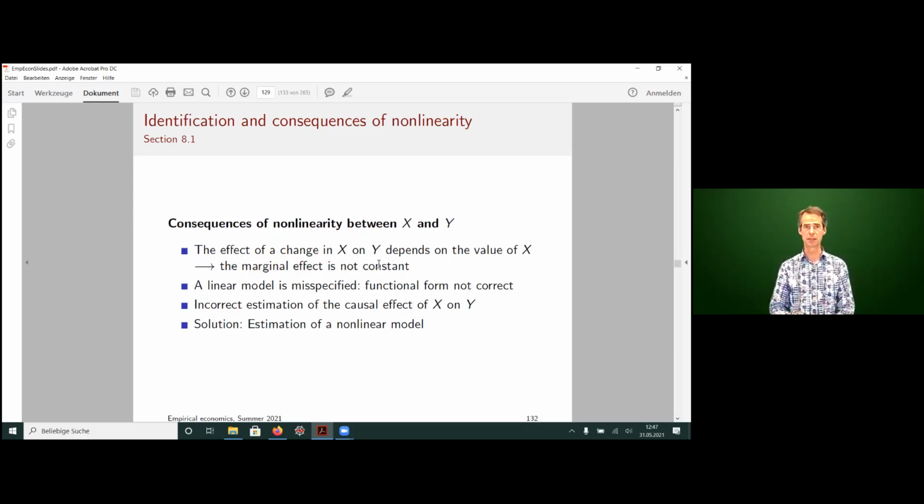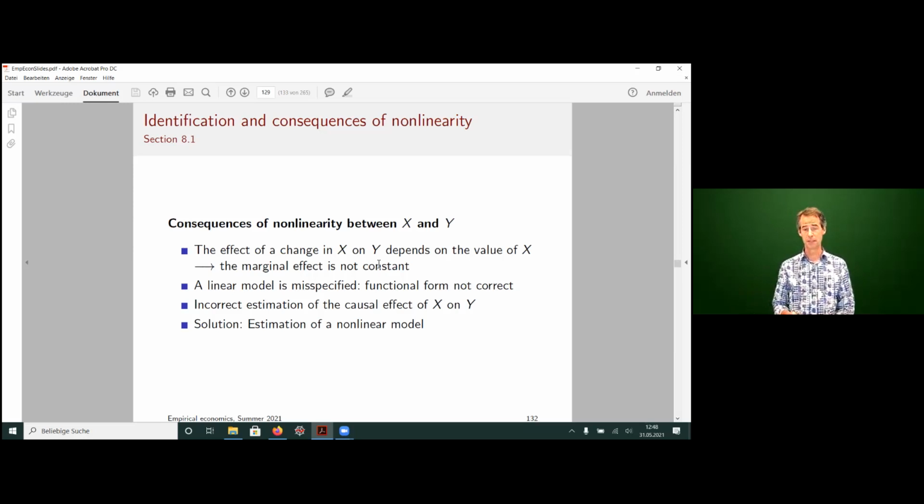So the marginal product of a certain input factor, say labor, depends on the endowment that the firm has in terms of labor and capital, and which other input factors you have. And that means that if you specify a linear model, as we did before, then the functional form is not correct. So we pretend that the relationship between x and y is linear, which means that we pretend that the marginal effect is constant, but in reality, it's not.